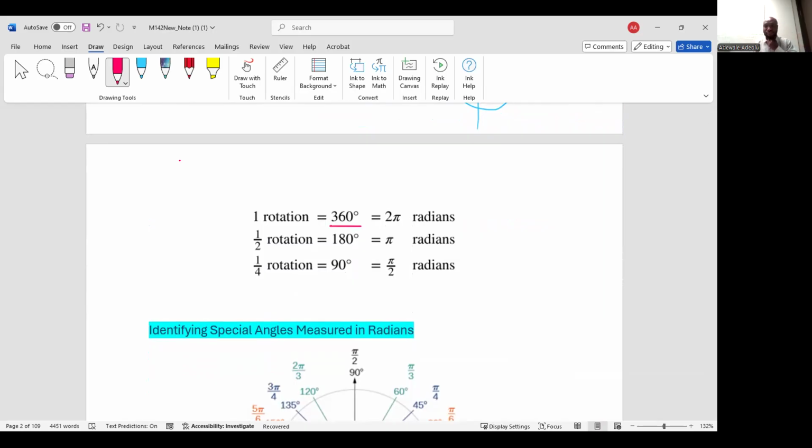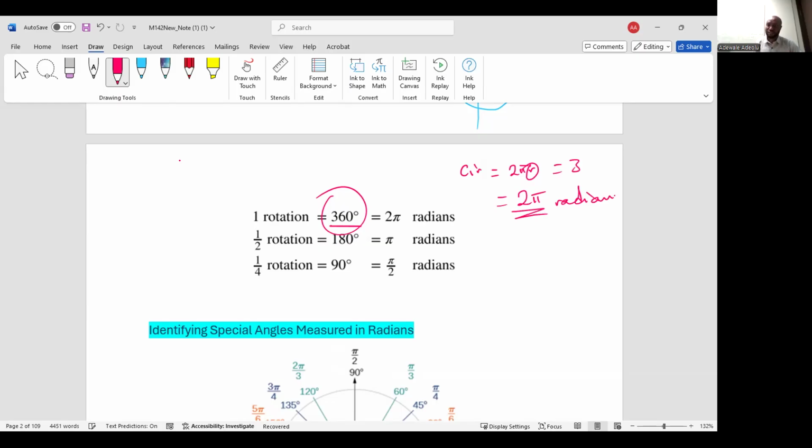Then in radians, remember that the circumference of a circle is 2 pi r, which is also the same thing as 360 degrees. Now, if this r is 1 in the unit circle, the radius is 1, so we have 2 pi, so that is radians.